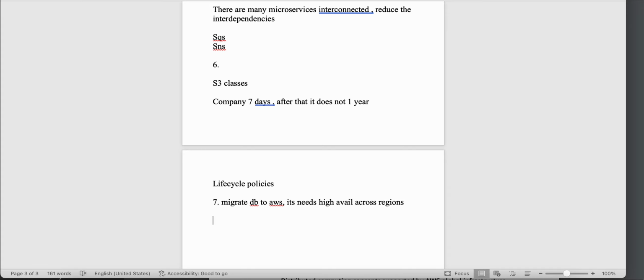The question was very large. Options were like RDS for MySQL, since it was a MySQL database, and one was DynamoDB.